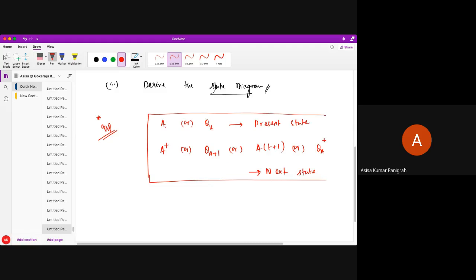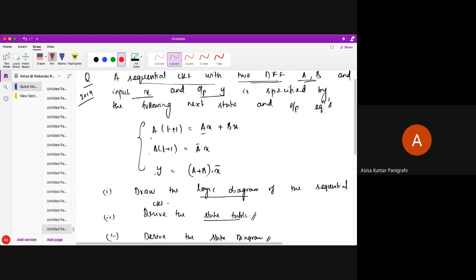In some questions they may give this or this for the present state, and this or this for the next state. Here you can see A(t+1) given as the next state, and B(t+1) given for the next state. This is for D flip-flop A, and this is for D flip-flop B. From this question you came to know this, and this is my output equation. These are the three things you came to know from these equations.